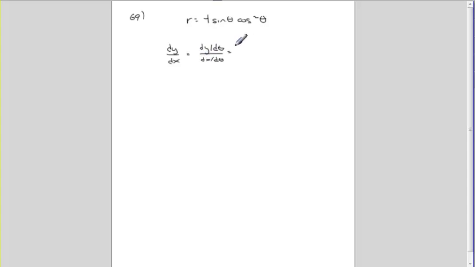If you use the product rule and substitution, you find that dy/dθ is f(θ) cosine θ plus f'(θ) sine θ, divided by dx/dθ, which is negative f(θ) sine θ plus f'(θ) cosine θ.